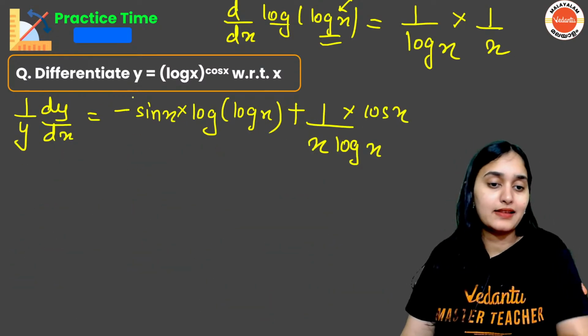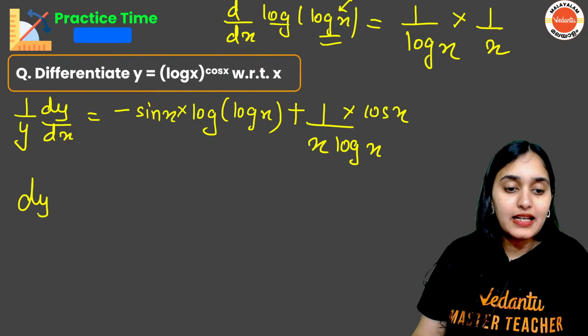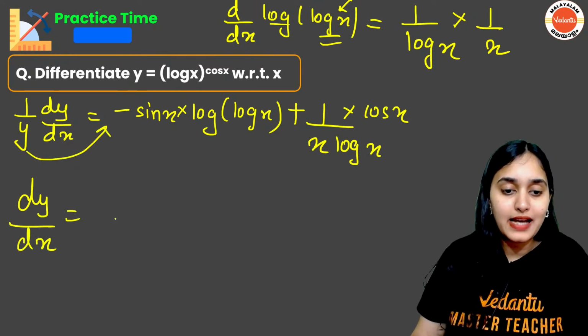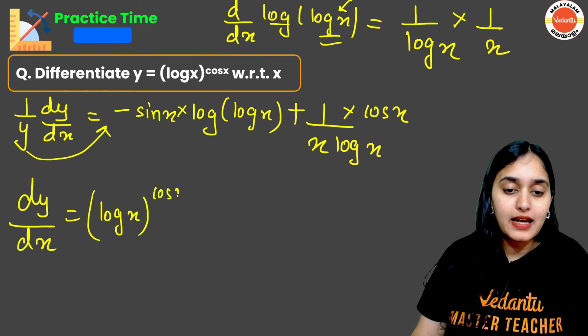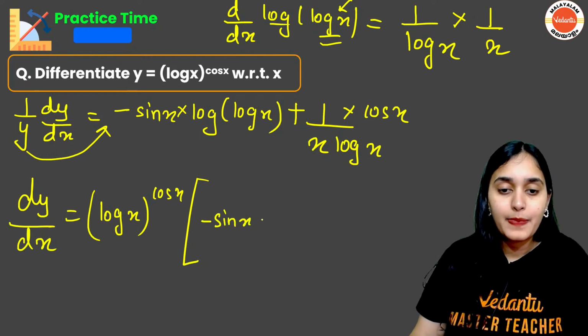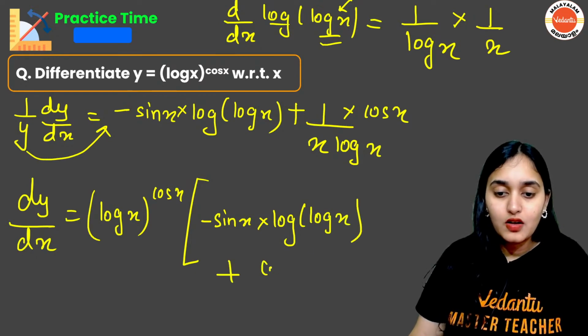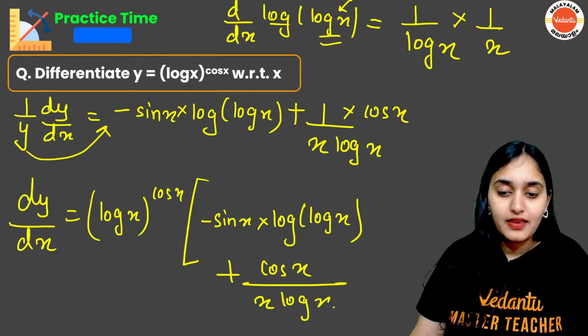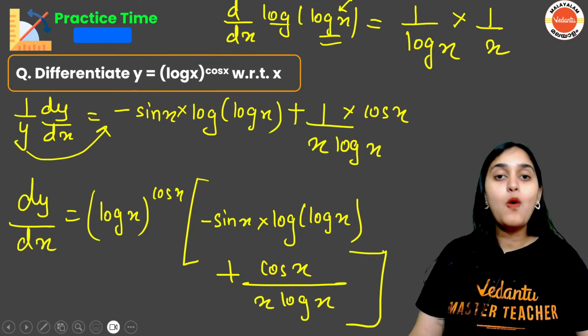Cos x will remain as it is. So finally, dy by dx is equal to, y will come to this side, log x to the power of cos x multiplied with minus sin x log of log x plus cos x upon x log x. That is my complete answer.